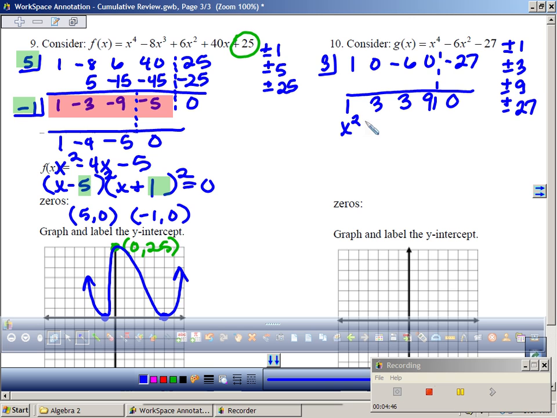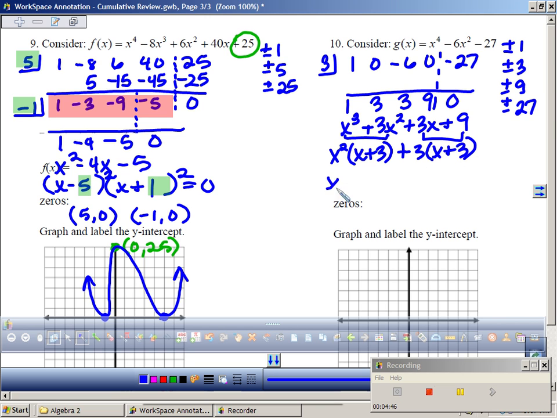So this would be x cubed plus 3x squared plus 3x plus 9. And if I factor by grouping, group this and group this, I get x squared times x plus 3 plus 3 times x plus 3, which gives me x squared plus 3 times x plus 3.